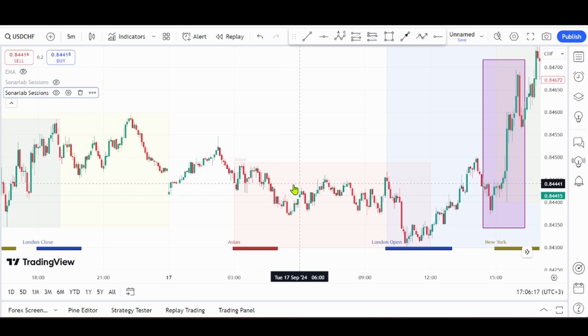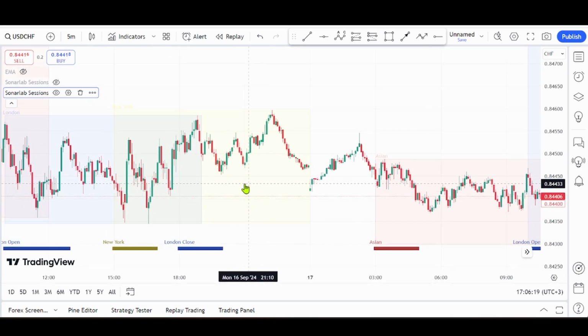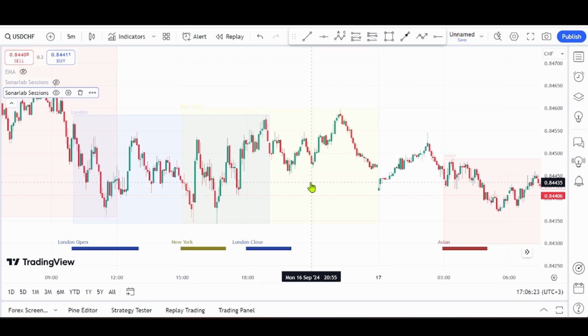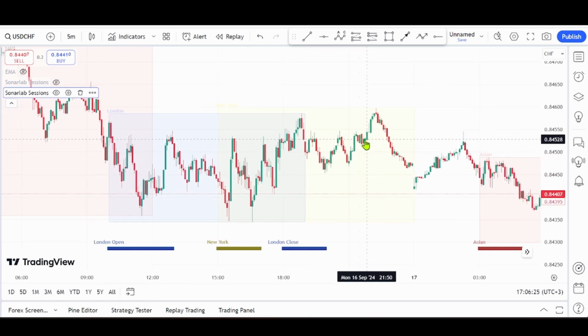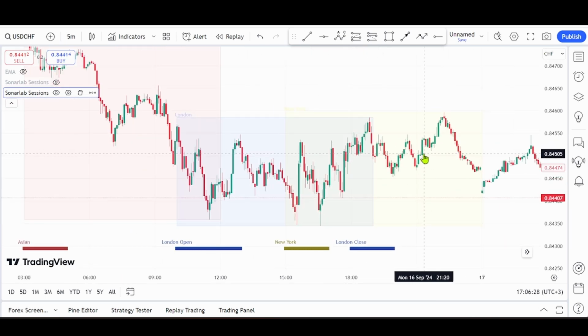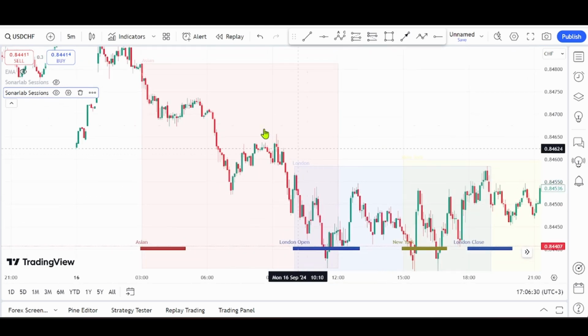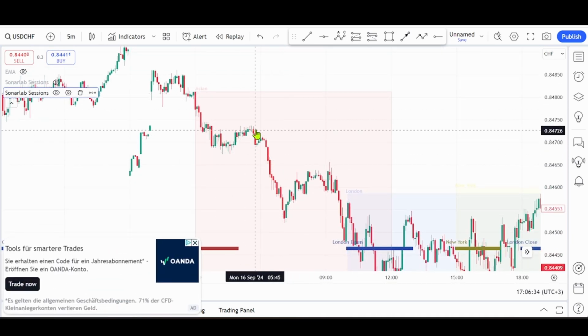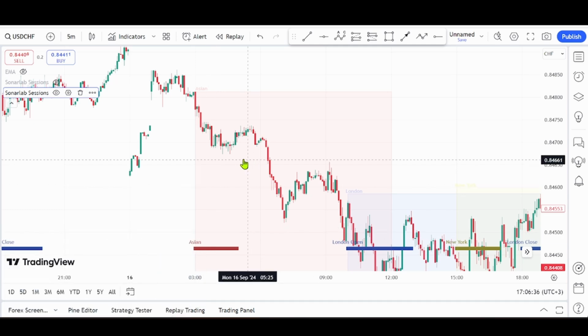The volume was too low. You can also see here the New York. This time there was not a lot of volume. There's a lot of volume here, this Asian trading volume.